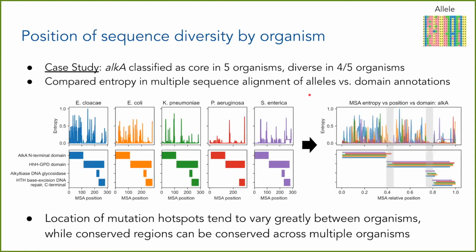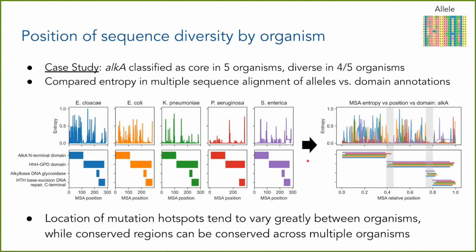And so what this analysis yielded is first on these top 5 plots, we get the entropy along the length of the gene, where peaks correspond to probable mutation hotspots and troughs correspond to more conserved regions. And in the bottom 5 plots, we have the domain annotations along the length of the gene, which was our means to unify the location of these mutations and conserved regions across different organisms.